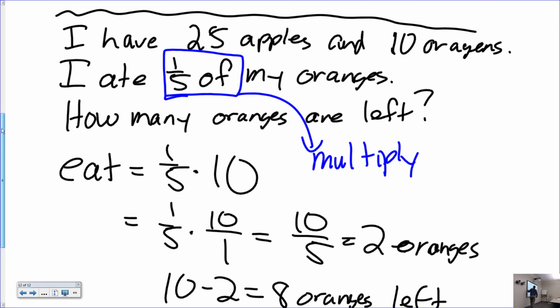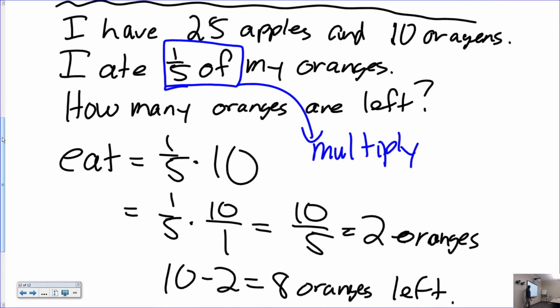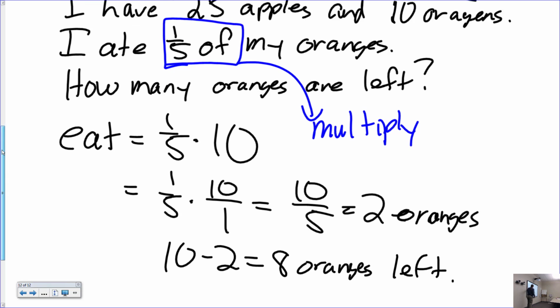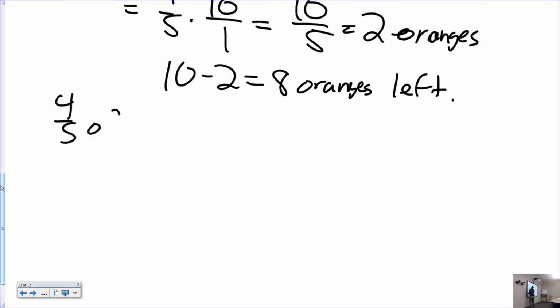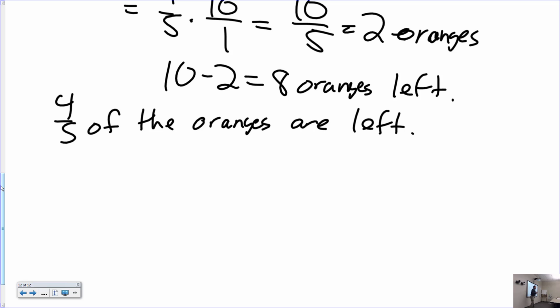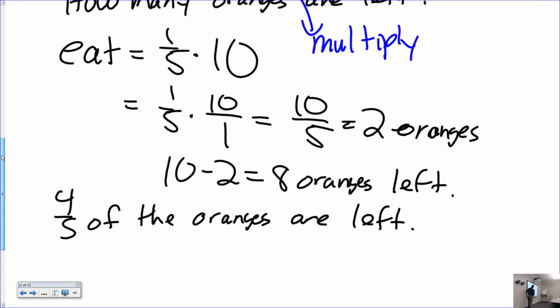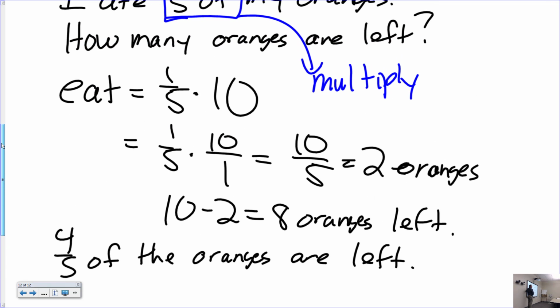And then the other way of thinking about this problem, right? If you ate 1/5 of the oranges, folks, what fraction of them are there left? 4/5, right? So the other way of attacking this problem is saying, hey, 4/5 of the oranges are left. In some instances that's the answer students think is correct, but I asked how many oranges are there, not what fraction of them are there.